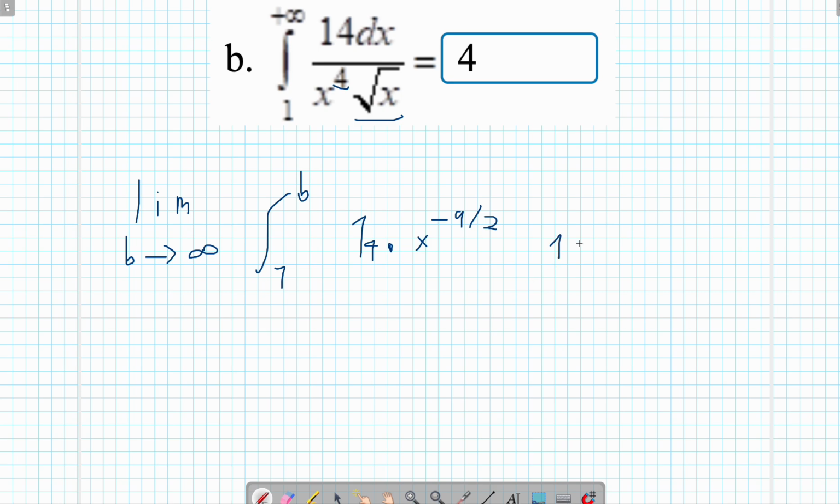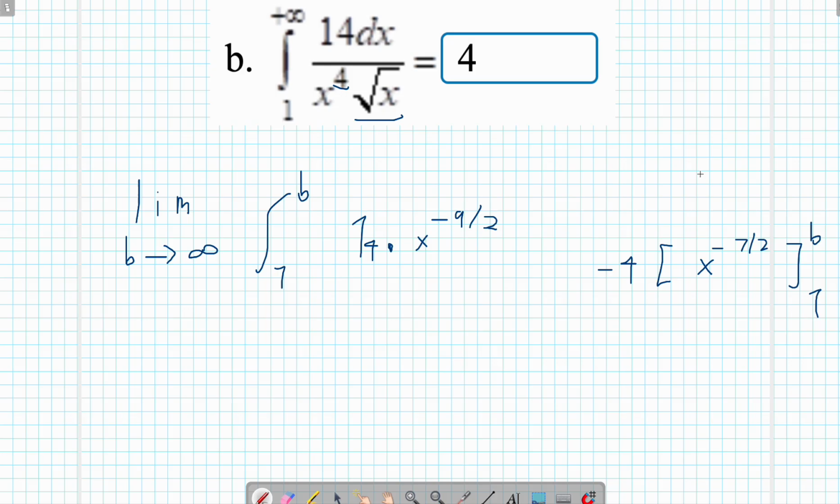So 14 times negative 2 over 7 times x to the negative 7 over 2, from b to 1. Negative 2 over 7 times 14 is negative 4. Now look, as we know, when we evaluate, we're going to substitute b by infinity.